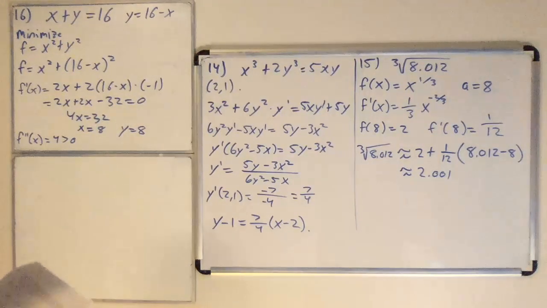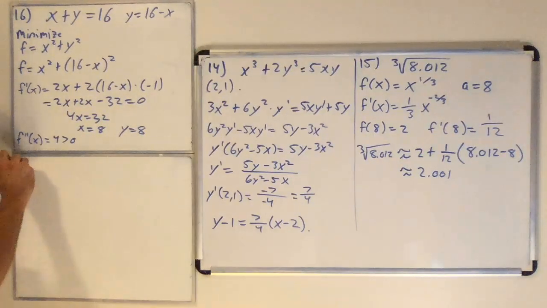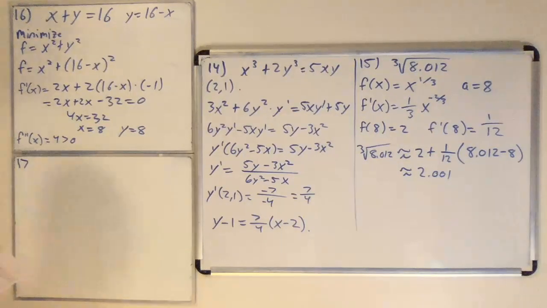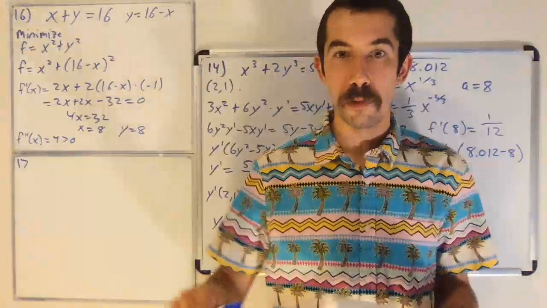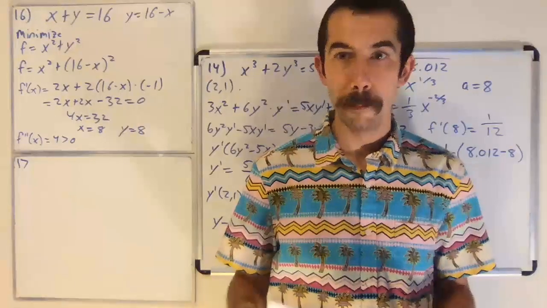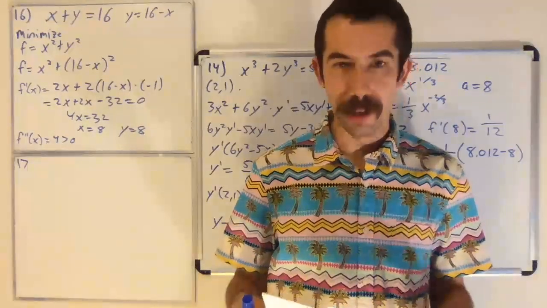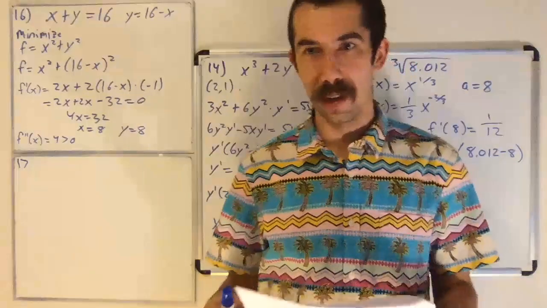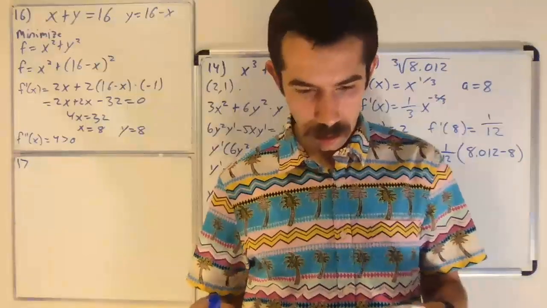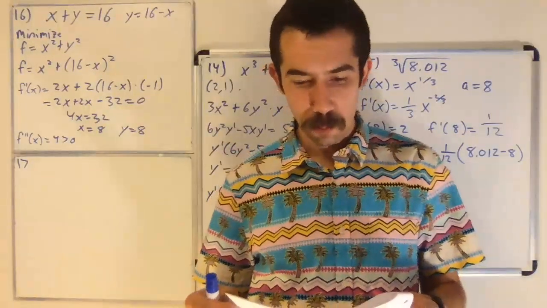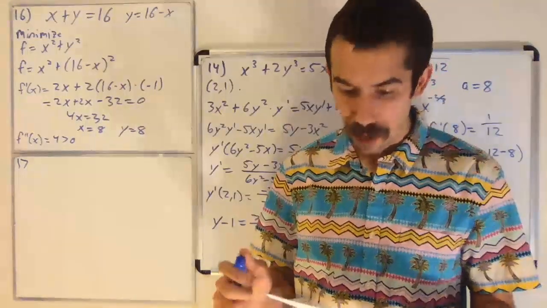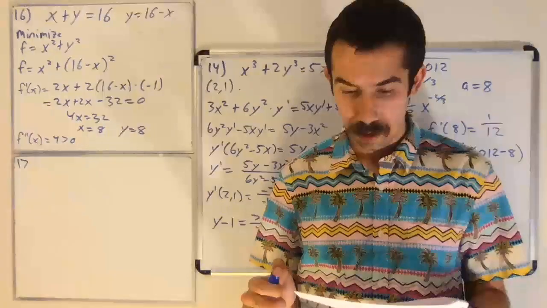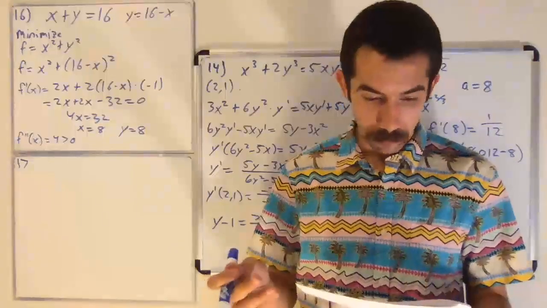Okay, number 17. So this one, I would recommend following along with the PDF because there's quite a bit to the question, and I'm not going to draw it. So the question says, gravel is being dumped from a conveyor belt at a rate of 35 cubic feet per minute, and it coarsens.